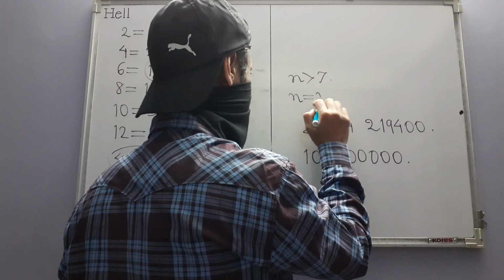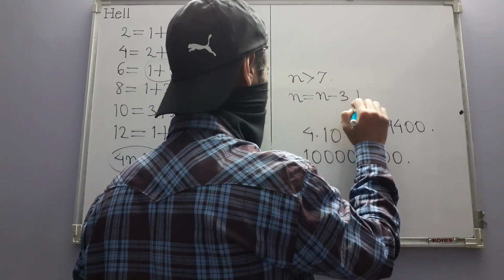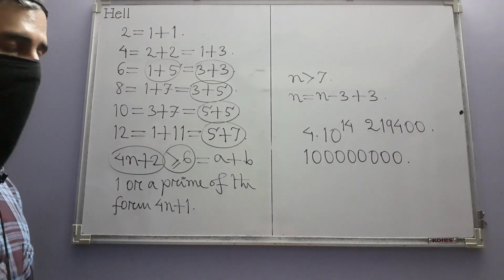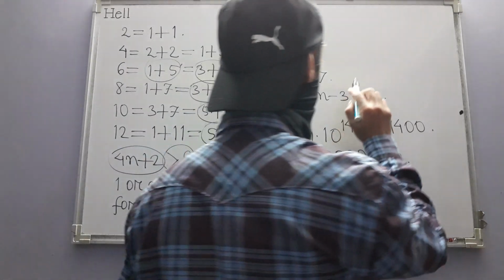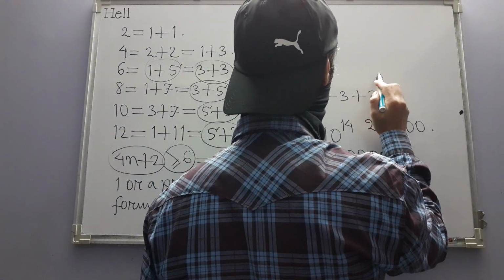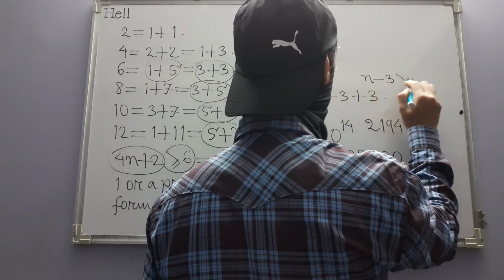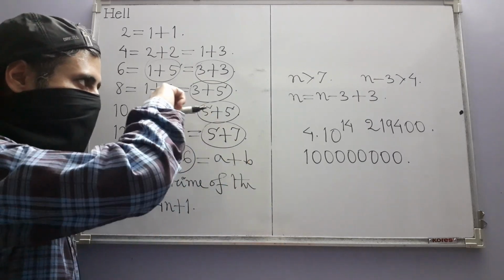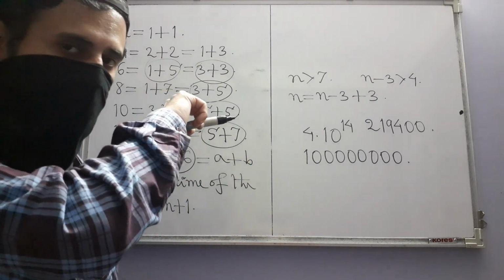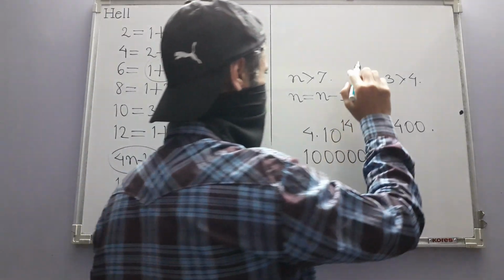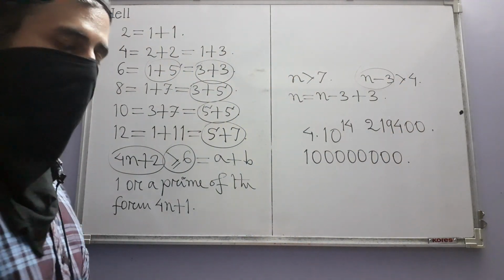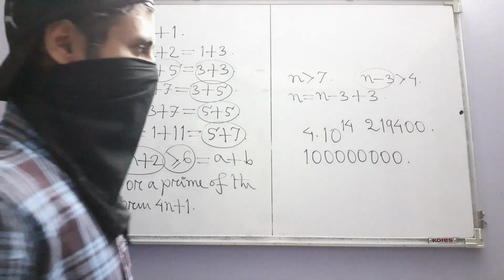Then n can be written as n minus 3 plus 3, and because n is greater than 7, n minus 3 is greater than 4. A previous formulation of Goldbach's conjecture says that any even number greater than 4 is a sum of 2 odd primes, remember.